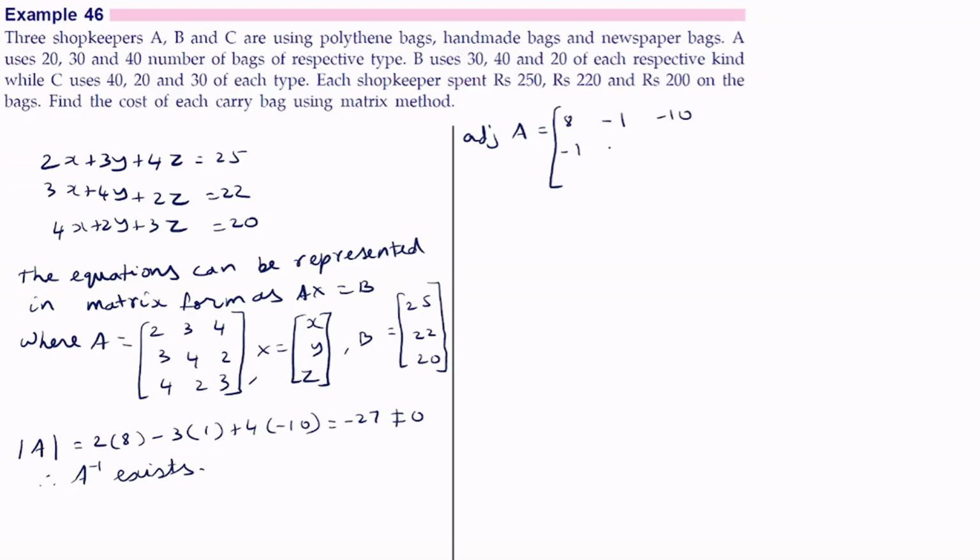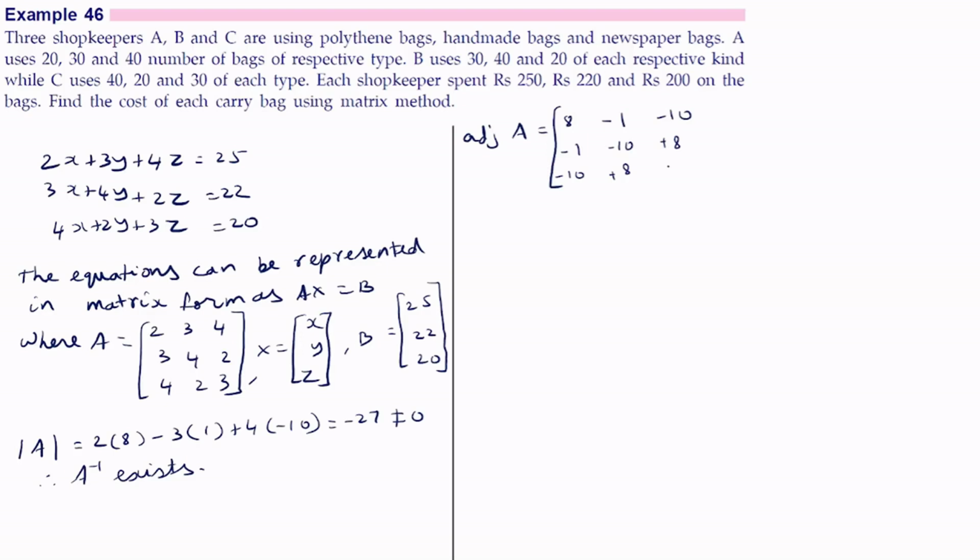It is 6 minus 16, minus 10. Next it is negative. 4 minus 12, it is minus 8. So minus of minus 8 is plus 8. And then for the next term it is 6 minus 16, minus 10. Next term it is negative. 4 minus 12, minus 8. Minus of minus 8 is plus 8.